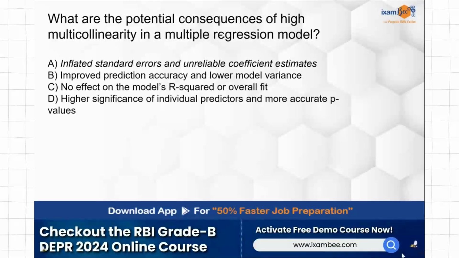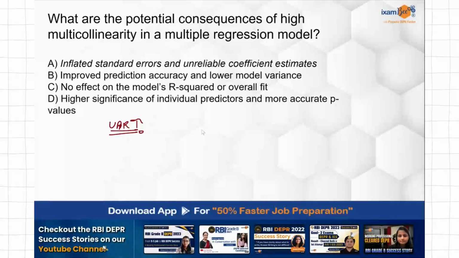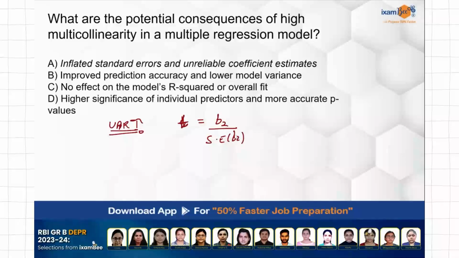What are the potential consequences of high multicollinearity in a simple regression model? So we know that if there is high multicollinearity, first of all, the variance of any estimator will tend to rise, right? And since t is nothing but b2 divided by the standard error of b2, and since the variance is increasing, the standard error will tend to rise, and the value of t calculated will tend to fall.